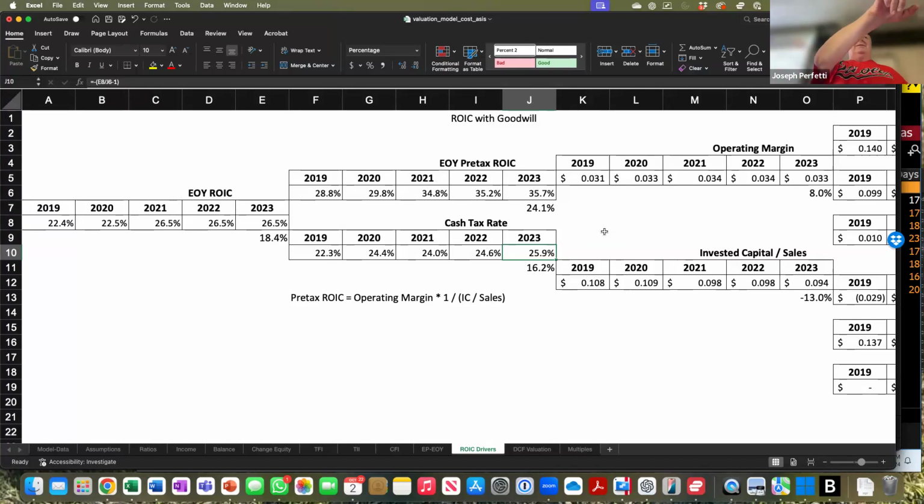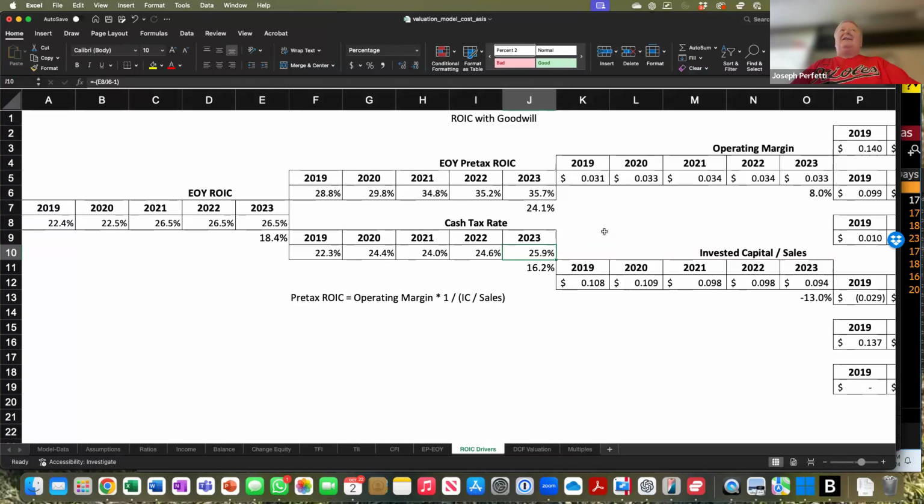Better or worse to ROIC? If you pay more taxes, does it help or hurt your ROIC? Makes it worse. Exactly. So one of the reasons that Costco's ROIC should have gone down is they're paying more in taxes. Now their ROIC actually went up, but that was still a headwind.